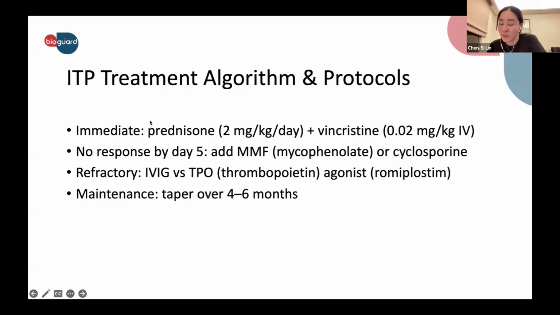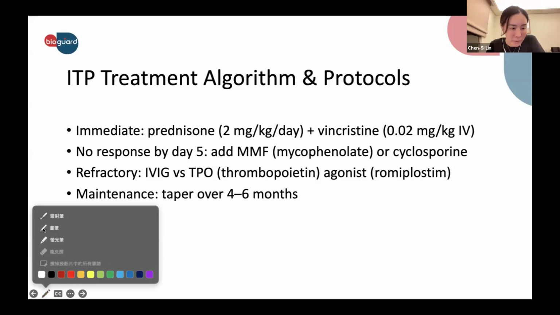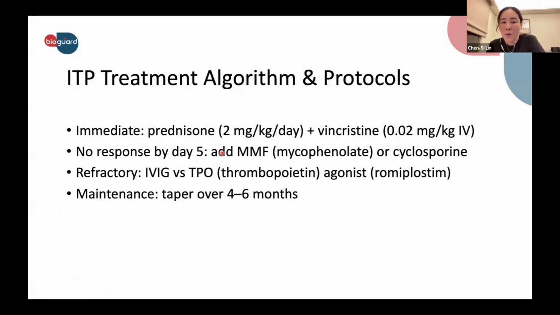If the platelet count is below around 30,000 or there is active bleeding, we can initiate prednisolone, as we mentioned in the previous slide, 2 milligrams per kilogram per day, plus vincristine with IV push.